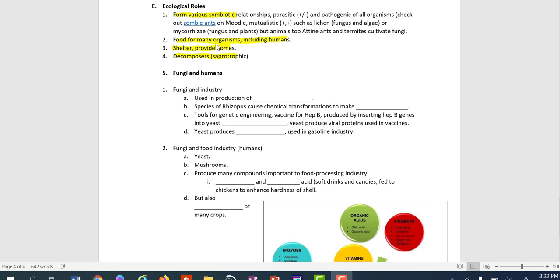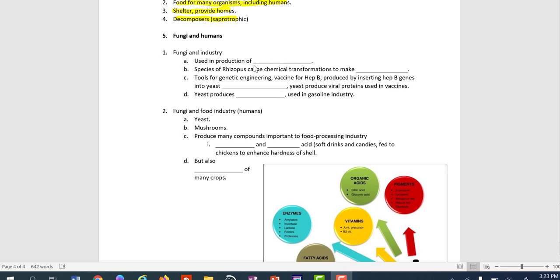And of course, food for many organisms in the natural world, and also food for us. They provide a lot of shelter and homes for organisms, and of course, a big ecological role as decomposers, right? That saprotrophic nature of them.